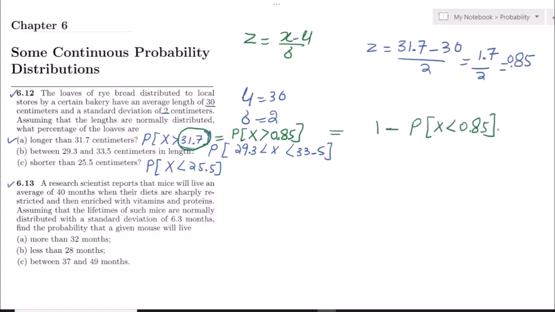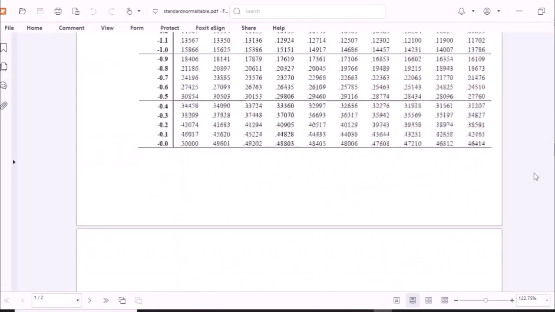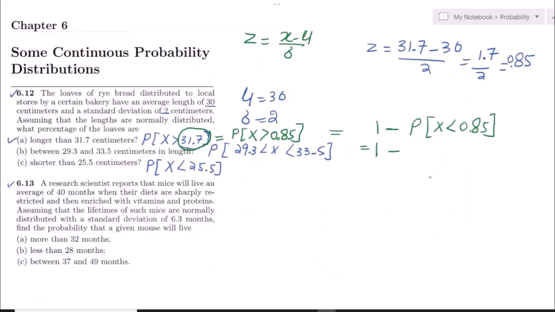Let me solve it. It would be 1 minus the probability that Z is less than 0.85. Let me use the table for 0.85. This is 0.8, and the column for 5 is here, this one. So 0.85 gives 0.8023.